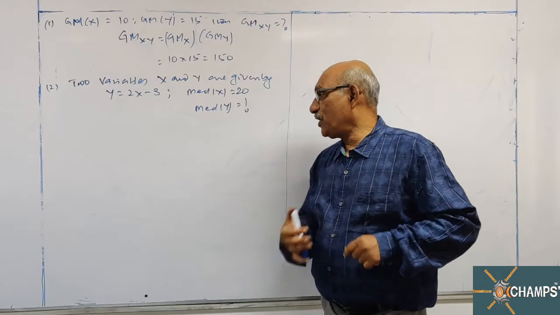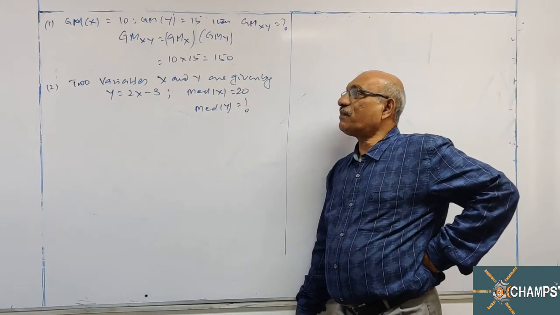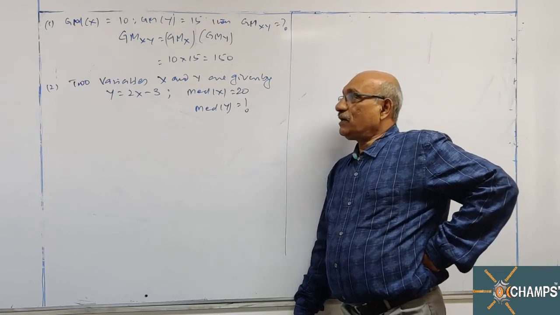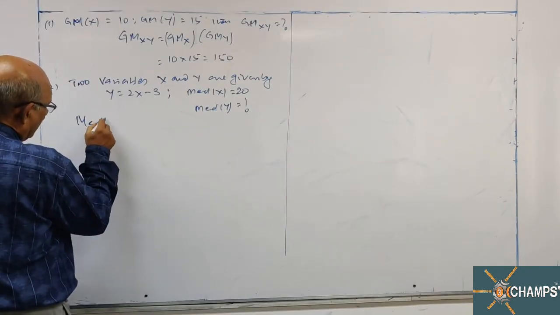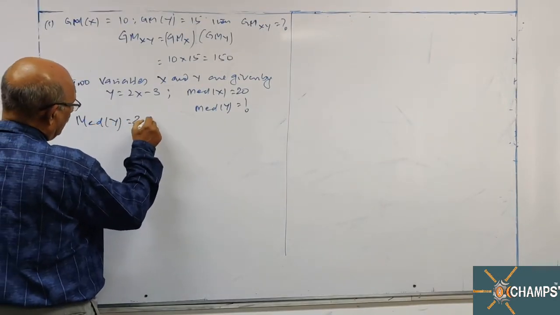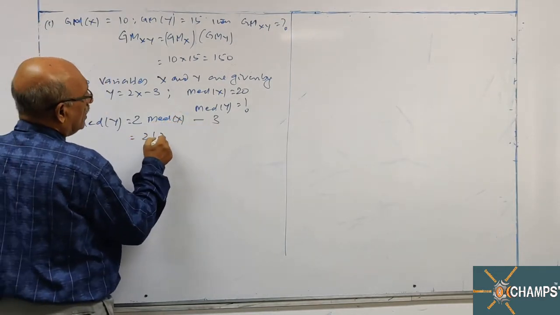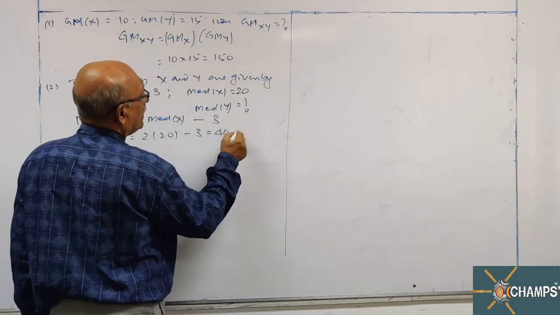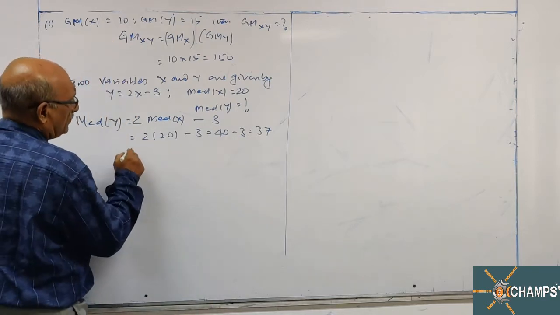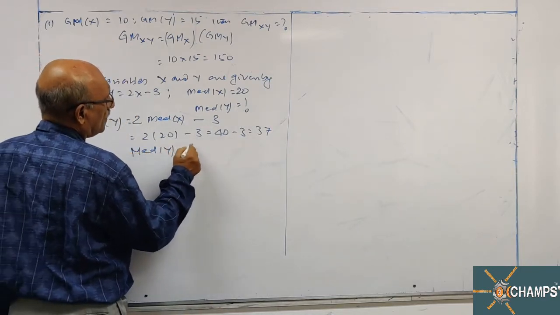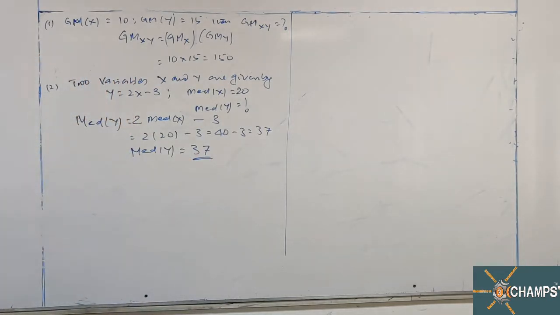So median of y is equal to 2 into median of x minus 3. 2 into 20 minus 3, 40 minus 3, this is 37. Median of y is equal to 37.